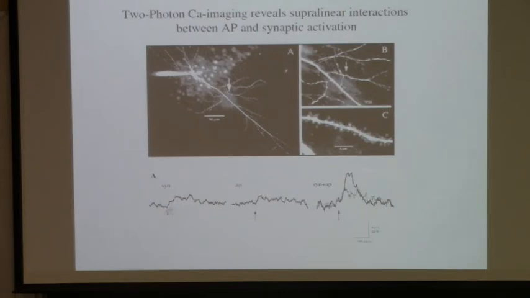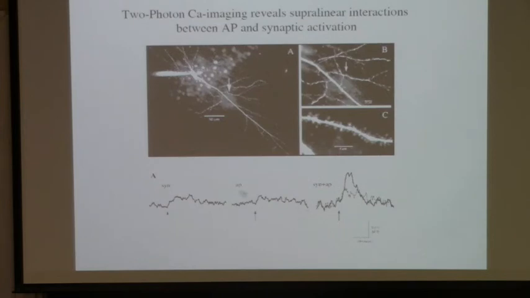So you activate the synapse and you get this little amount of calcium, okay? Now you activate the action potentials, and the action potential traveling here opens local calcium channels, so you may get a little bit of calcium in there. Now you do both of them simultaneously.